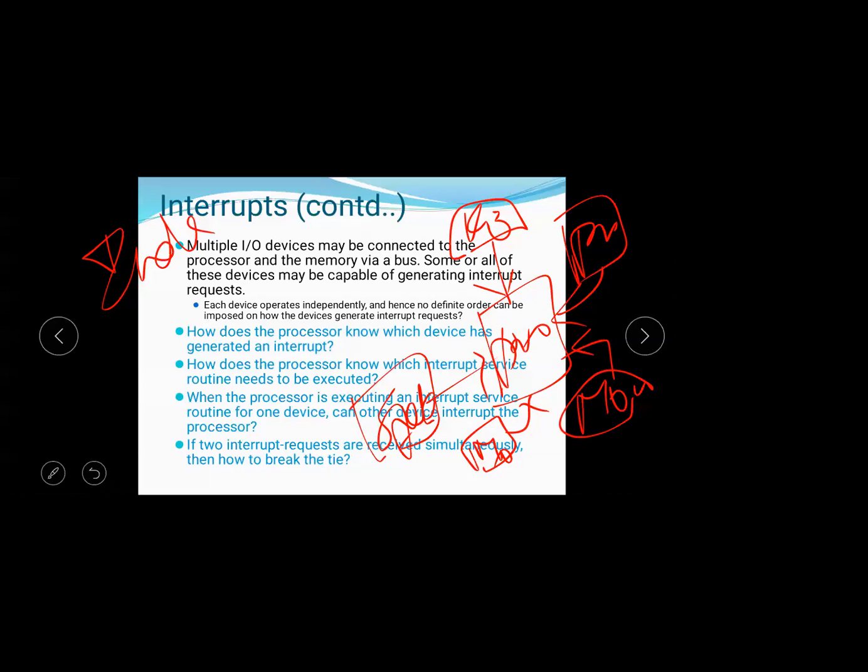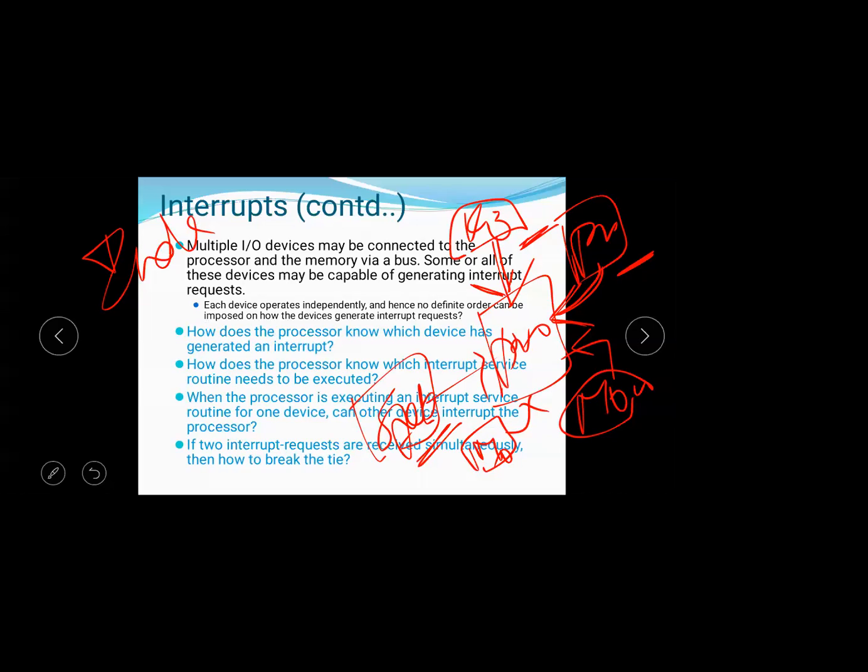There is a chance that at a time two devices are sending an interrupt signal to the processor, that is, requesting an operation, like the keyboard and the printer.